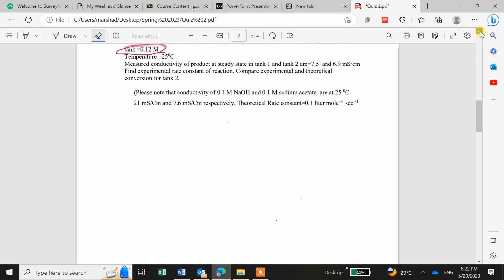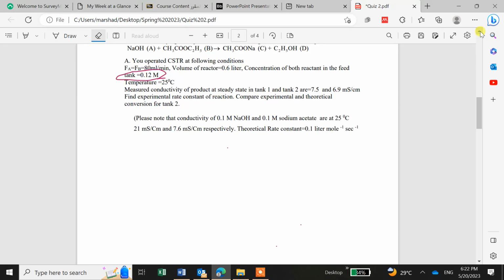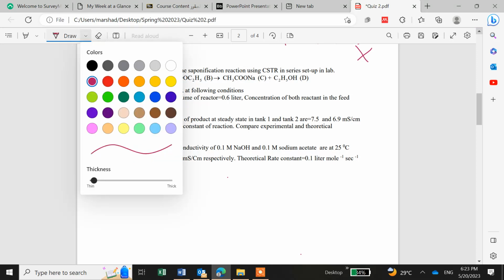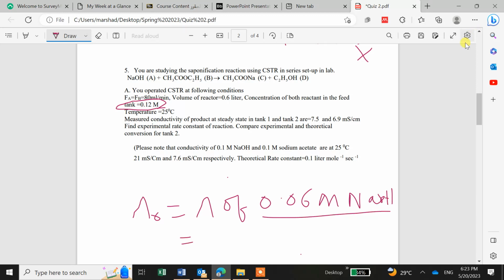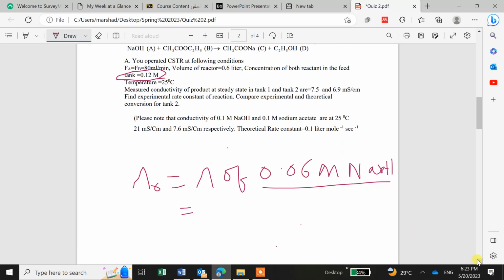So what we have is 0.06 molar NaOH, and lambda 0 is nothing but the lambda of 0.06 molar NaOH. You can calculate this using the correlation given to you for concentration and temperature, or for your ease, this value is given.